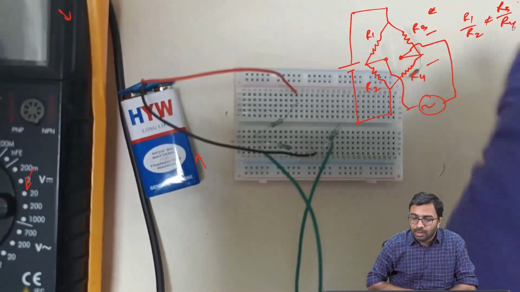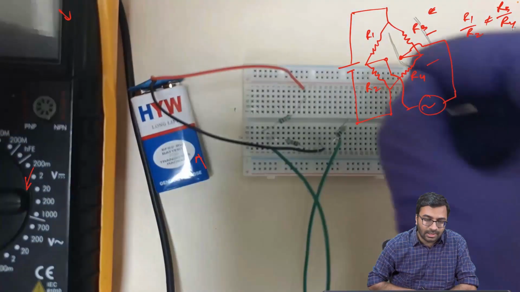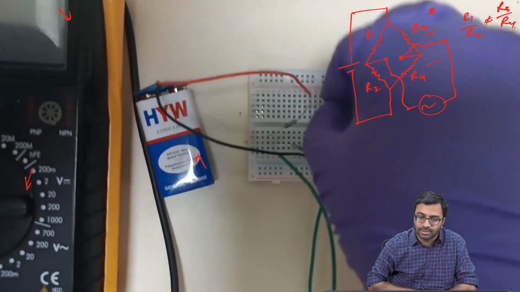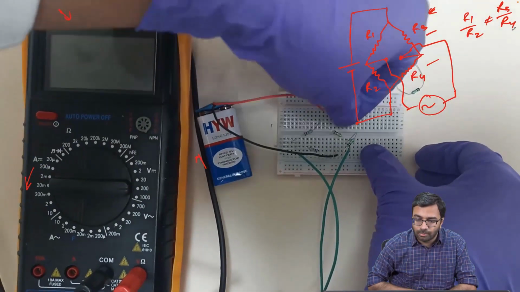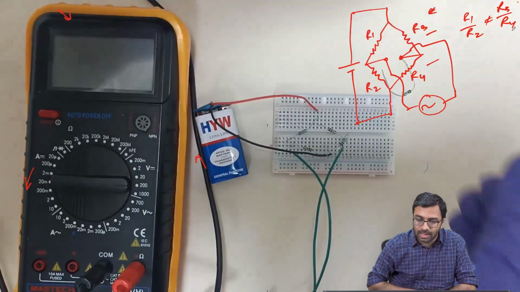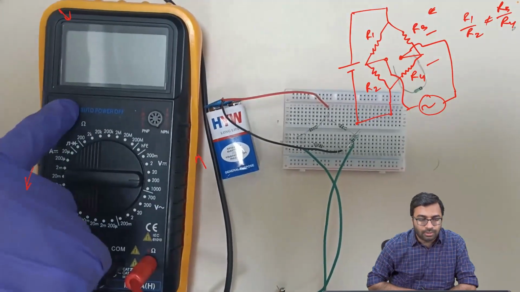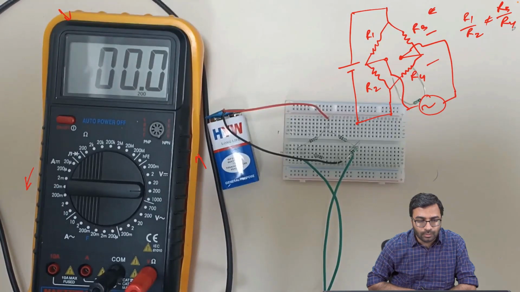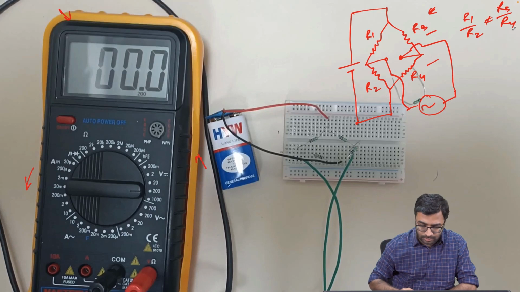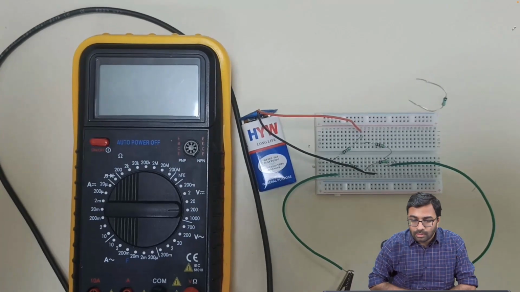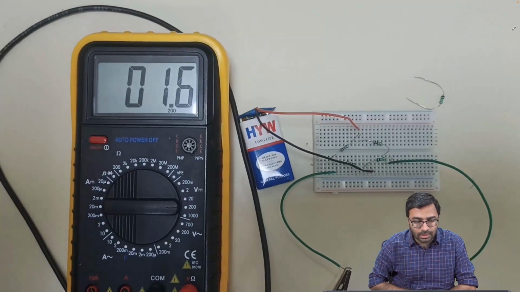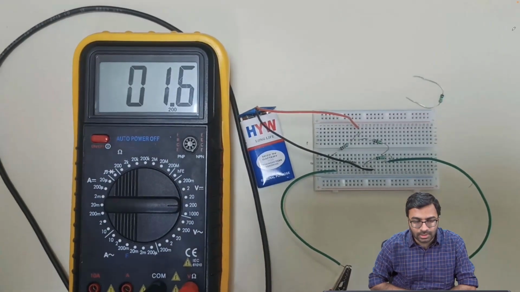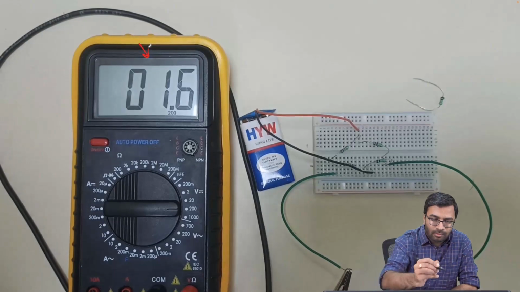We are purposefully making this entire Wheatstone bridge unbalanced. So the moment you make this circuit unbalanced, you can see there is a voltage VAB.